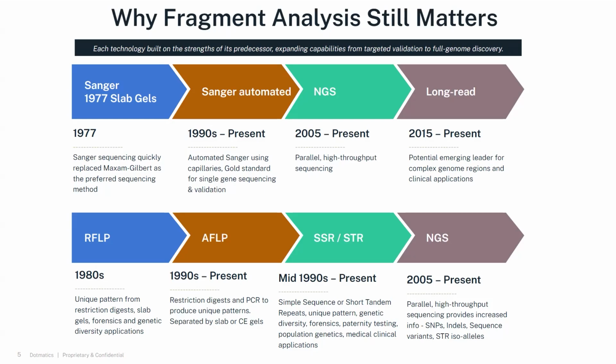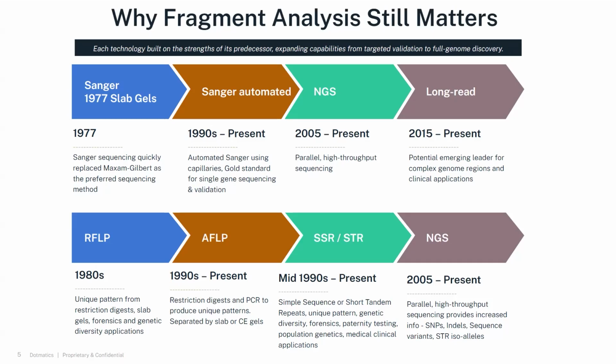In the mid-1990s, SSR, STR, and microsatellites became workhorses of analysis for many fields, including genetic diversity, forensics, paternity testing, population genetics, and medical clinical research and screening applications. Fragment analysis is starting to be accomplished via NGS for fields such as forensics, chimerism, bone marrow transplant, and detection of copy number variants in cancer and aneuploidy cases.